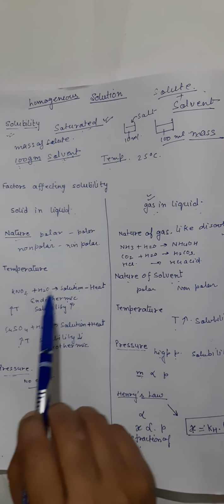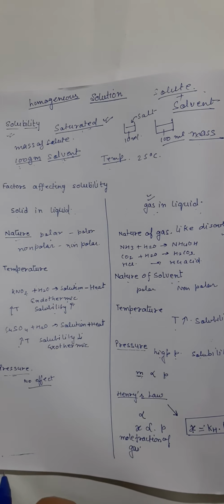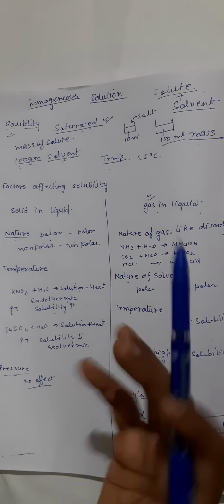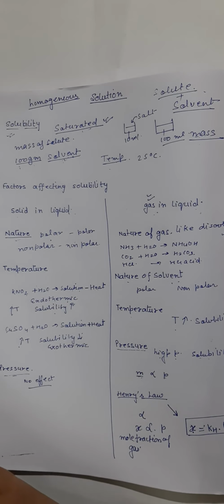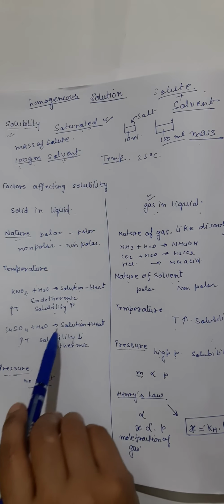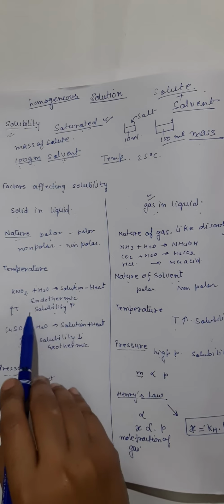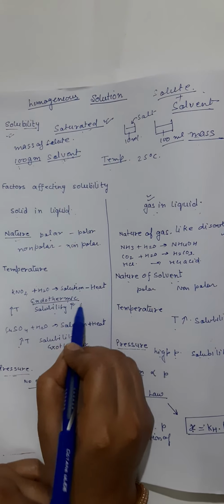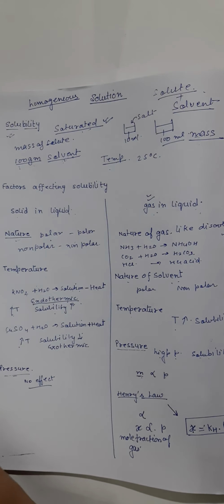It means heat is being absorbed from the environment. So this is called an endothermic process. It is absorbing heat from outside, so if you keep on giving more heat, it will keep on dissolving. So any dissolving process which is endothermic will require more temperature. At higher temperature, solubility will increase.